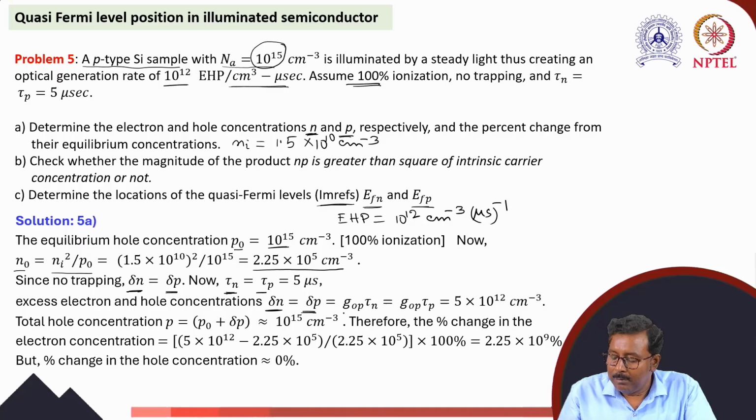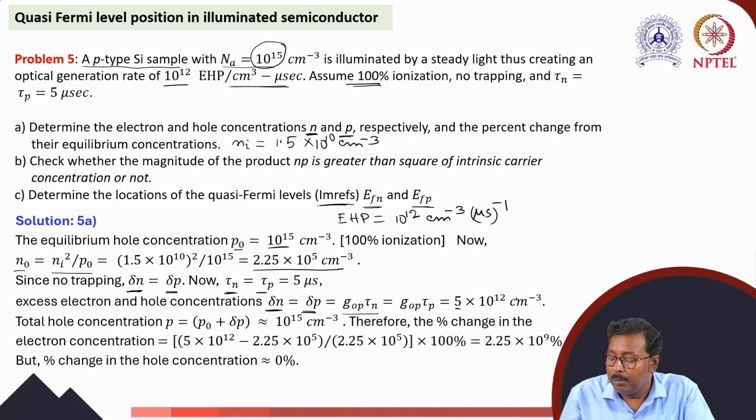If you put this value G optical into tau N, that will be 5 into 10 to the power 12 per centimeter cube. I told you that the advantage of expressing G optical in per microsecond is that if you multiply with the 5 microsecond, 5 only, so this gives directly the result. That's why it is given. So this amount of electrons and this amount of holes are generated in a total volume.